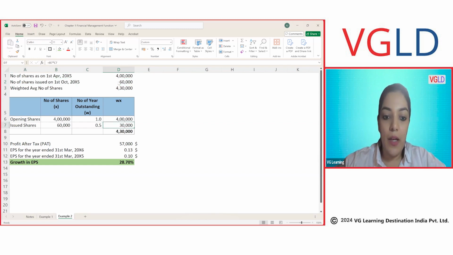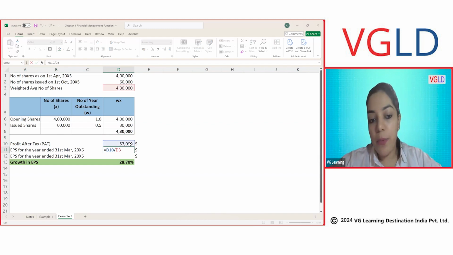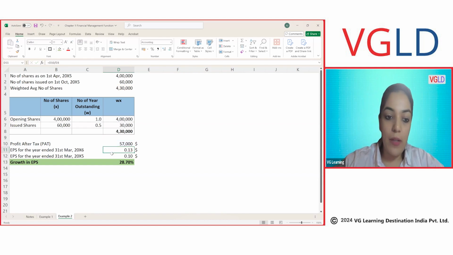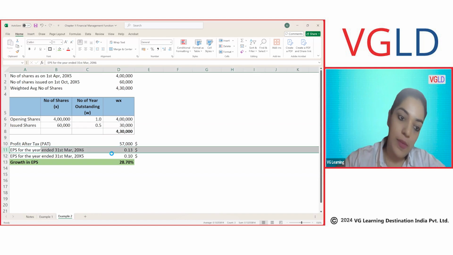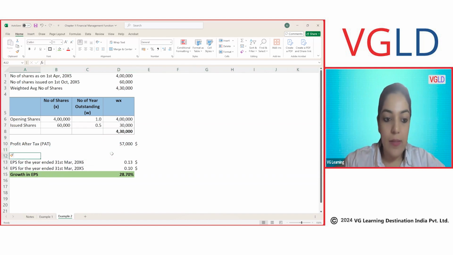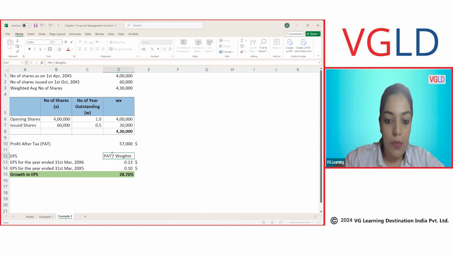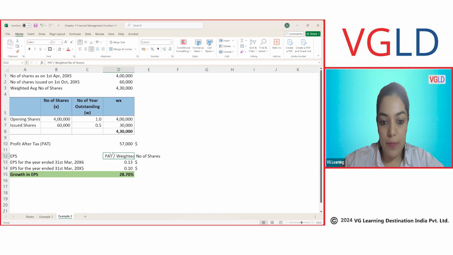Okay. How did 0.13 come? So this is profit divided by the weighted average number of shares. So the formula of EPS is PAT by weighted number of shares. So that's what I've done over here.